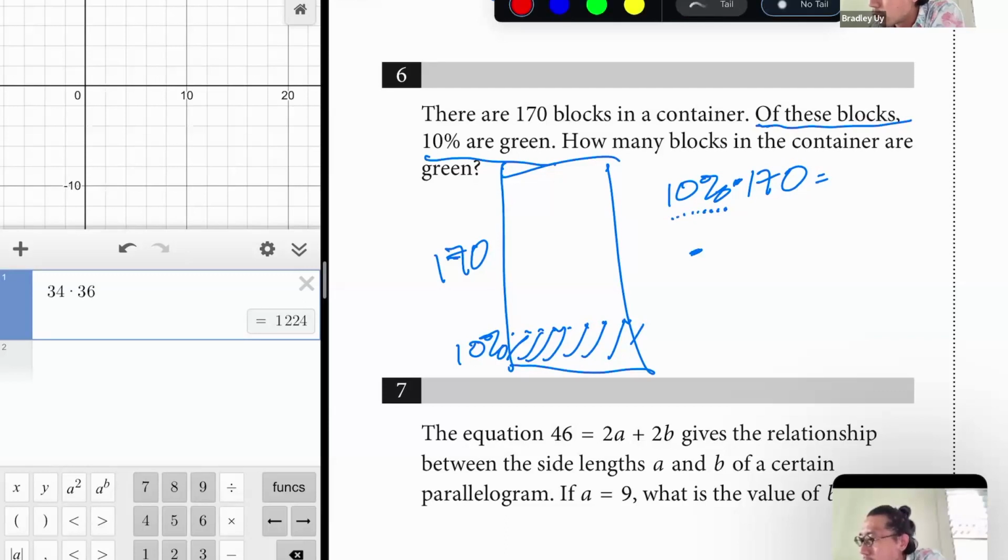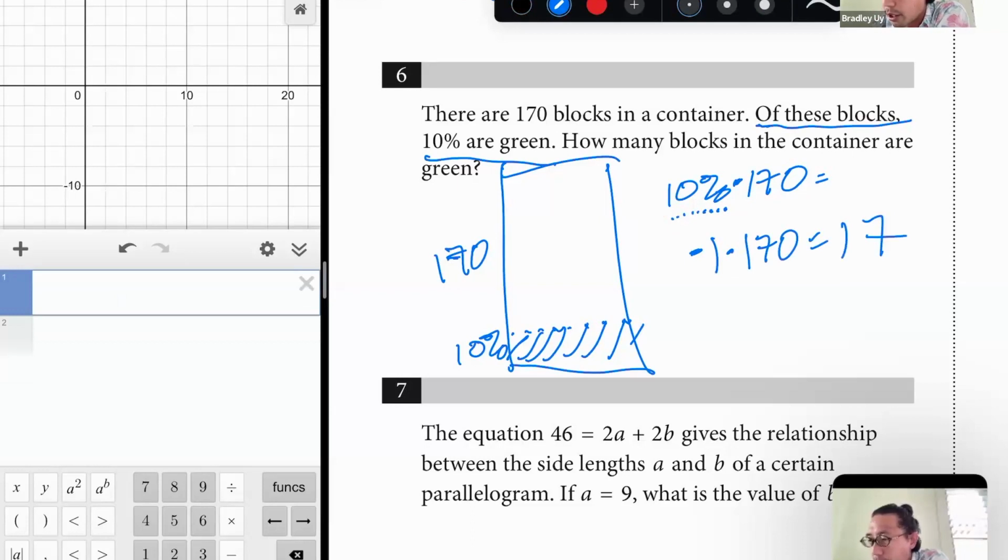You move the decimal 2 times to the left, 1, 2. So you have 0.10 times 170, which is 17. You can also confirm that with your calculator, 0.1 times 170, and that gives you 17. So the correct answer here is 17.